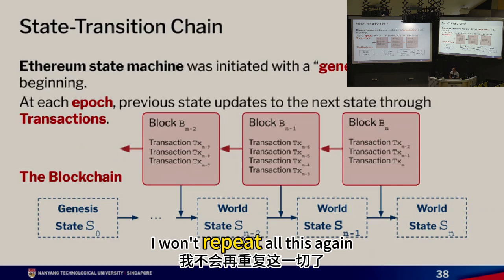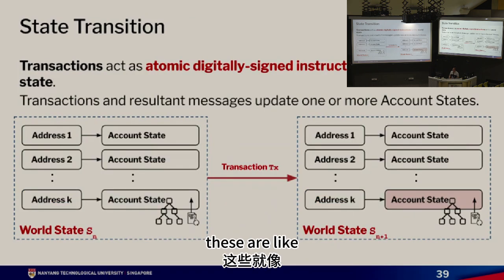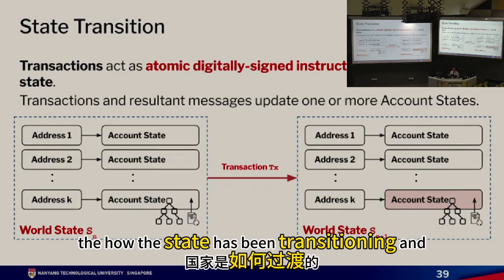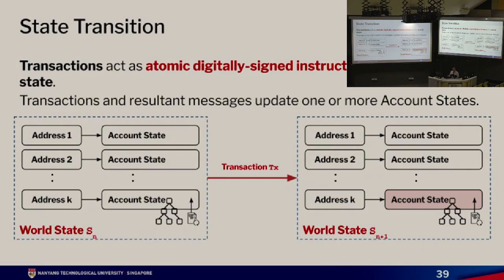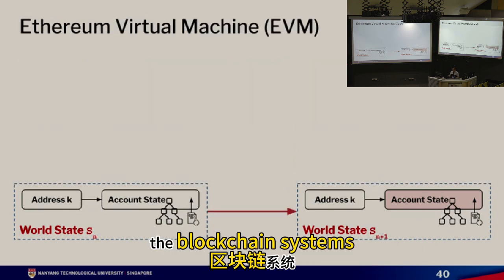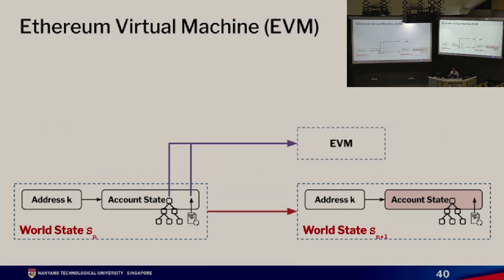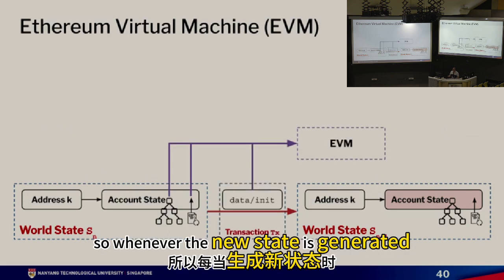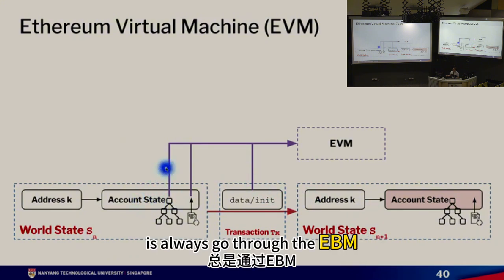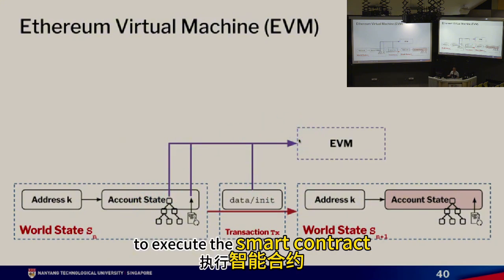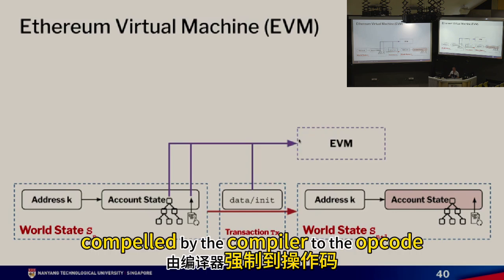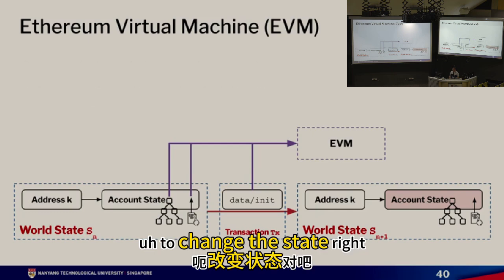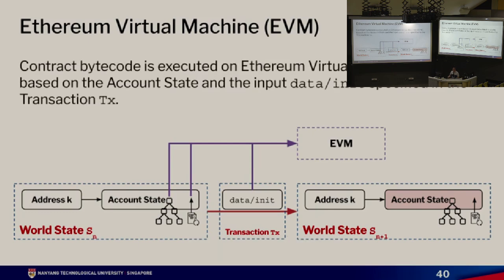I won't repeat all this again. These are how the state transitions in blockchain systems. Whenever a new state is generated, it always goes through the EVM to execute the smart contract, compiled by the compiler to opcodes to change the state, right?